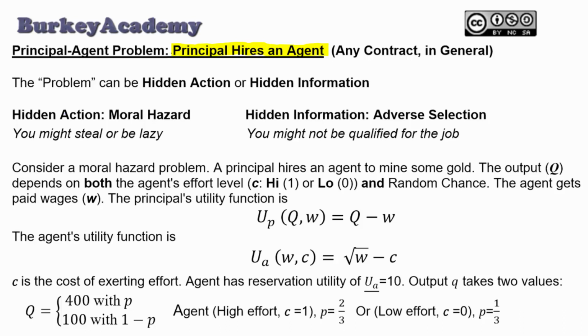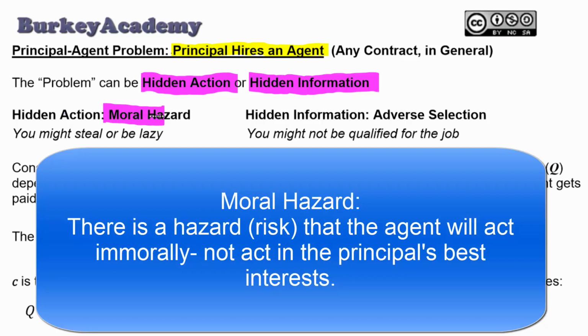Any contract in general can be analyzed using principal agent problems, but the problem in a principal agent problem that we're focusing on can be one of two things: hidden actions or hidden information. If it's a problem of hidden action, where the principal can't see something that the agent is doing, we generally call that a problem of moral hazard.